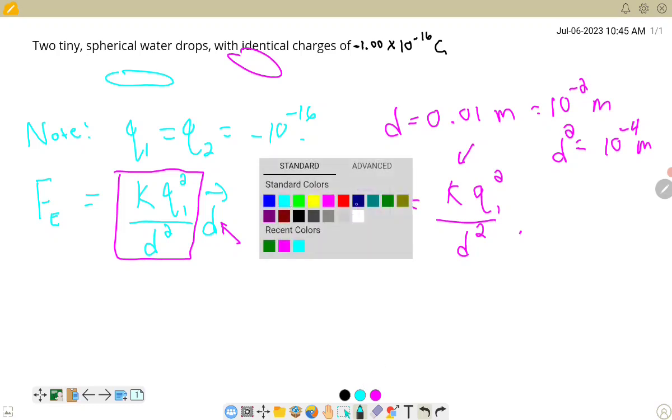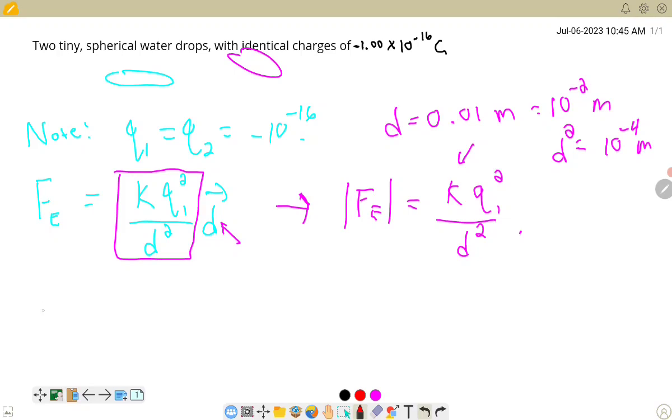So squaring it is going to make it 10 to the -32, and it's actually going to change that negative sign to a positive, because a negative times a negative is, of course, a positive. Down in the bottom left corner here, we're going to get k, which is 8.99 times 10 to the 9th newton meters squared per coulomb squared.